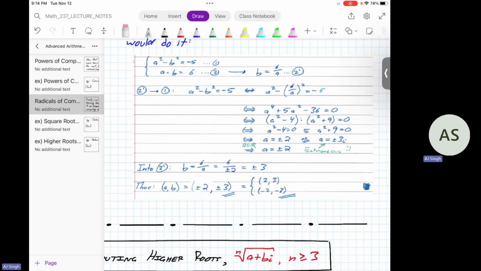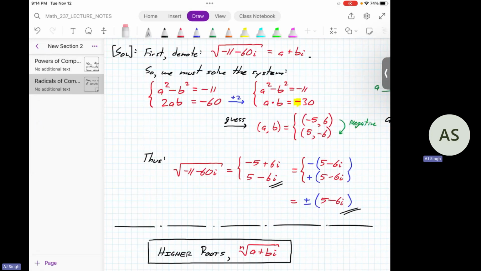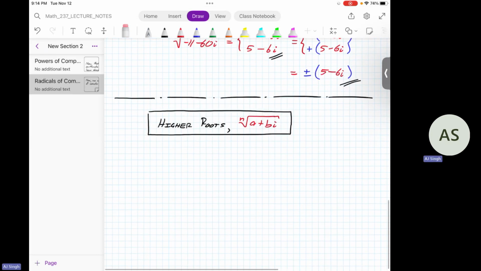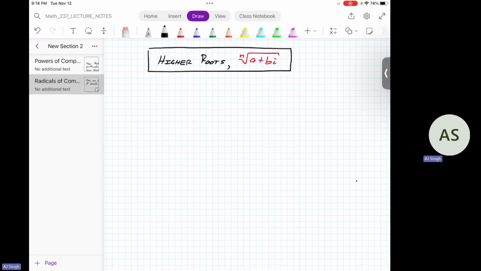So let's go back and see how we can do higher roots of complex numbers. As I said, it's not the easiest thing to do. And I do have steps for it.